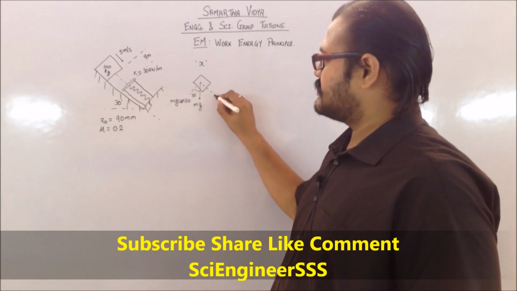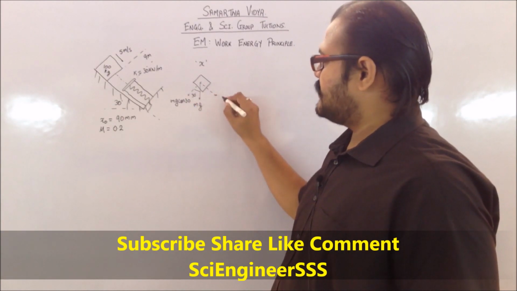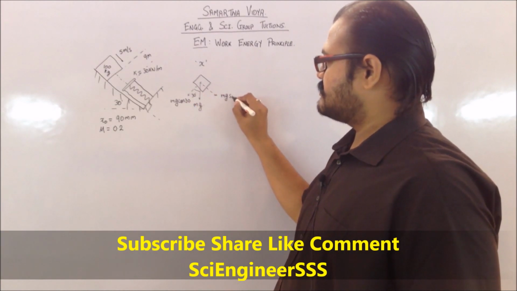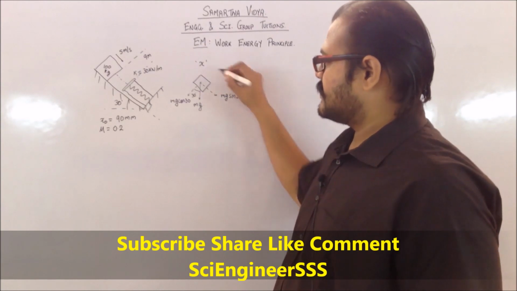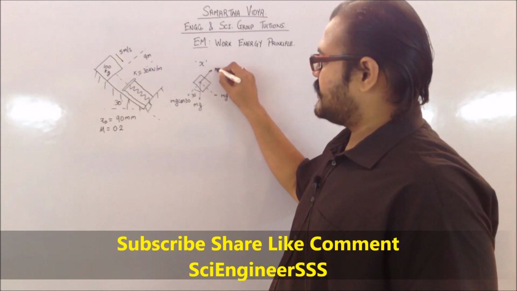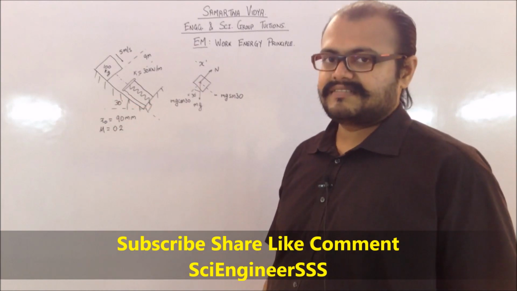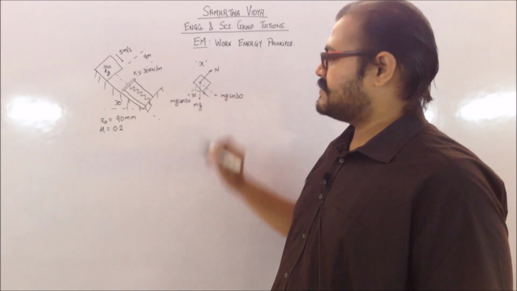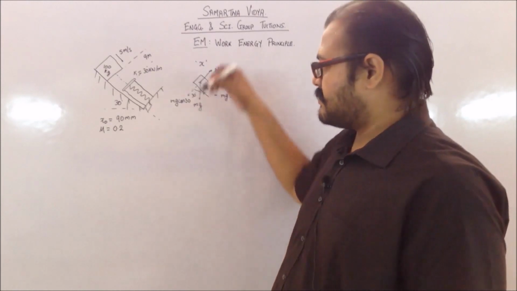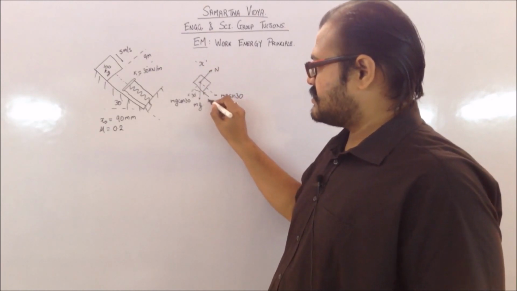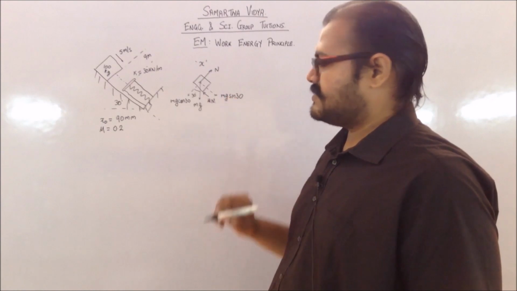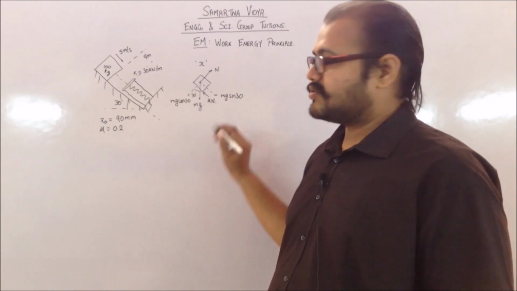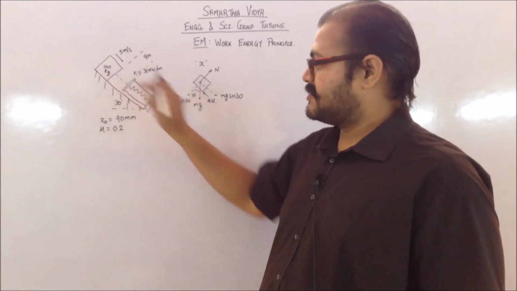This particular thing downwards will be mg sin 30. Then there is going to be the normal reaction because of the surface present. And as obvious, the frictional force will always be opposite to the motion. Since my block is going downwards, the frictional force will be mu into N. So those are the forces which are present before it.